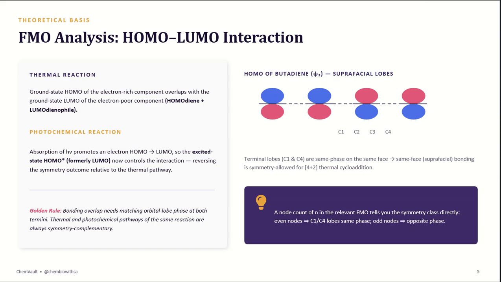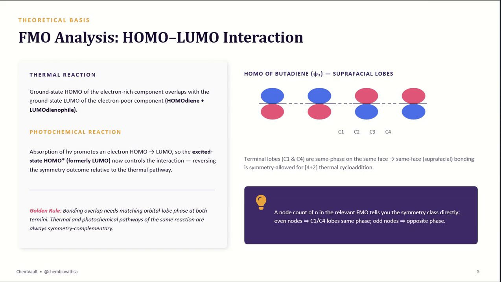But under photochemical conditions, absorbing a photon promotes an electron from the HOMO to the LUMO. So now the excited state HOMO, which used to be the LUMO, is the orbital in control. This single change is what flips the symmetry outcome between thermal and photochemical pathways.